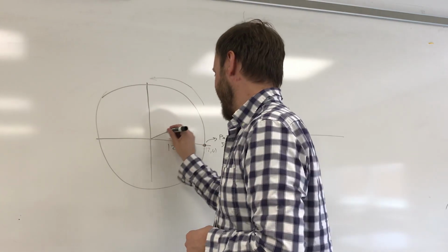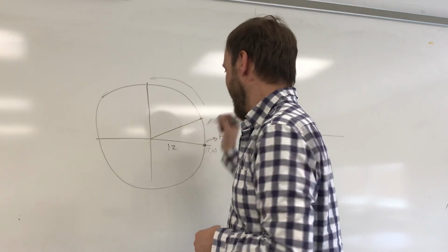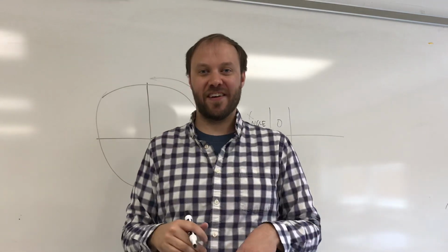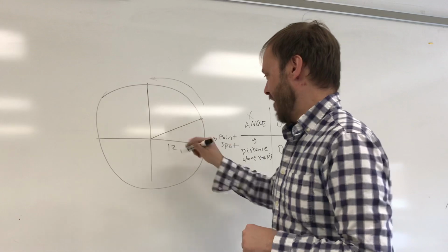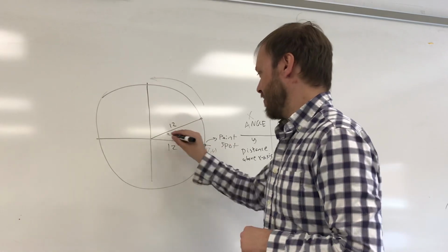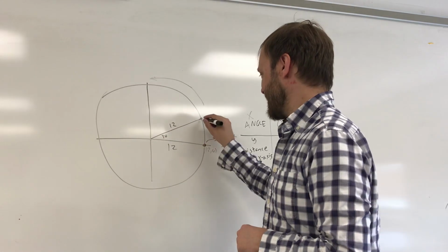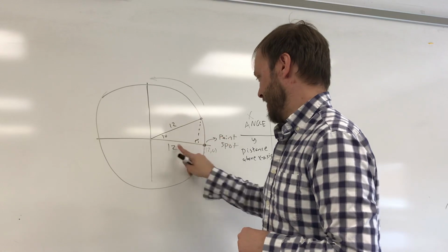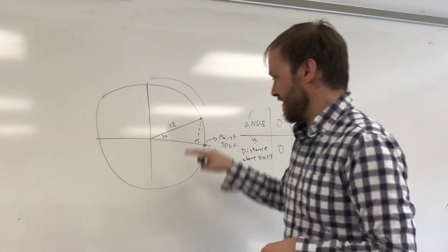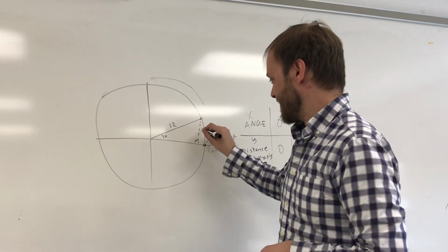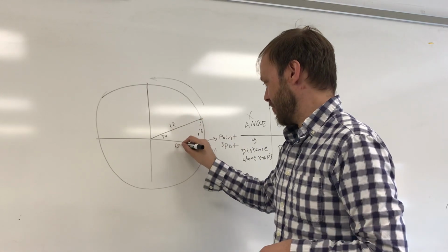Now for a 30-degree angle, keep in mind, I originally messed up my video because I put the radius in the wrong place. The radius is 12. We've got a little 30-60-90 triangle right here, so I'm going to take out that 12 so I don't confuse people. Based on the little 30-60-90 triangle, this length is 6, this length is 6 radical 3.